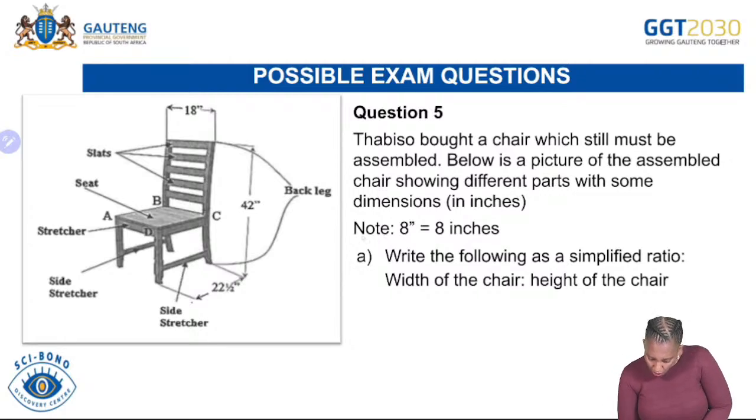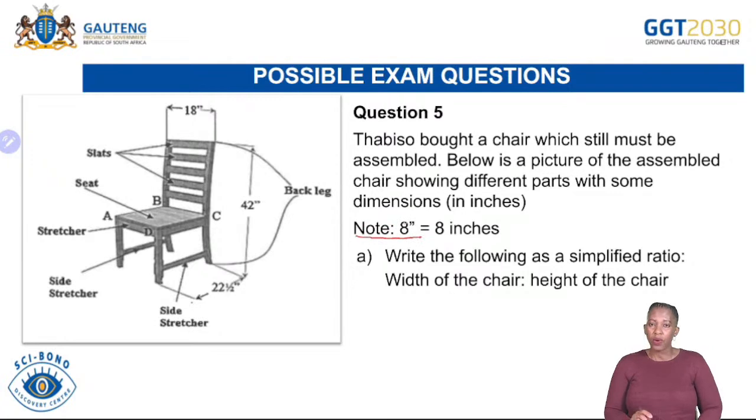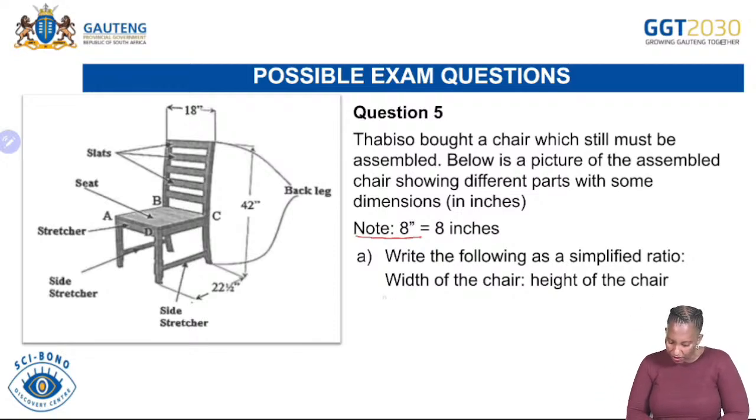It says, note this 8 when you see it with the apostrophes, and then it refers to 8 inches. It says, write the following as a simplified ratio, the width of the chair. Now we must look at the width of the chair and the height of the chair.